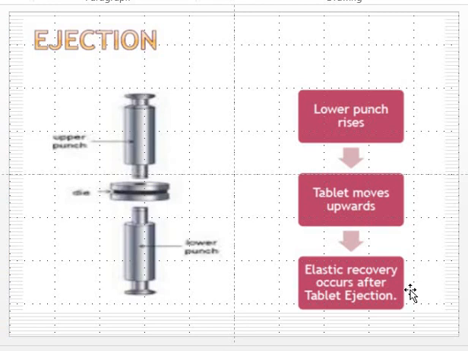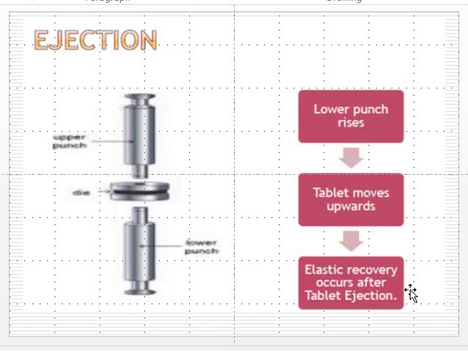After that, the second stage is ejection. Now the upper punch is removed and the pressure is totally removed. Now the tablet has to be removed from the die cavity. That removal of the tablet from the die cavity is called ejection. How is the tablet removed? The lower punch pushes the tablet from the downside and ejects it to the upper position, above the die cavity, and then the tablet is replaced.